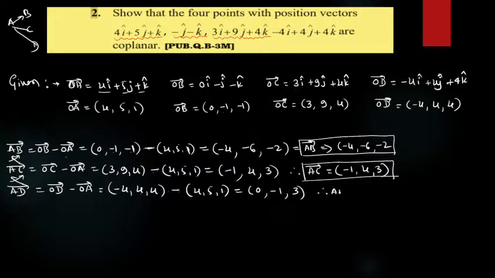So the AD vector in components is 0, -1, 3.